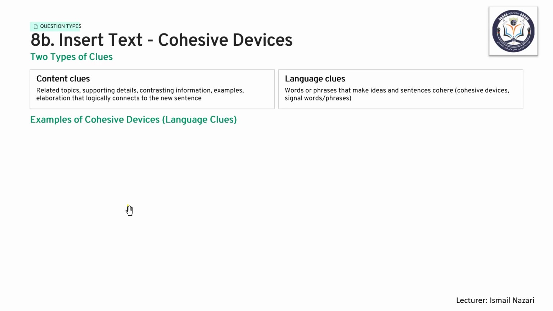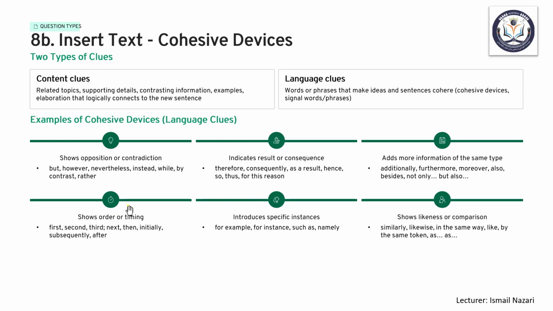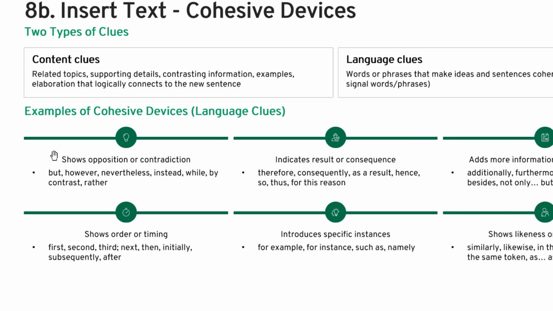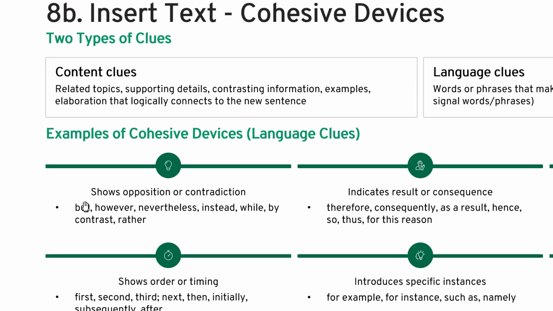Let's get into some examples of cohesive devices or language clues. These are common language clues that we may have in our passage. We may frequently face them while we are reading a passage. The first ones are the clues that show opposition or contradiction. These are the transition signals or cohesive words that show opposition: but, however, nevertheless, instead, while, by contrast, or rather.